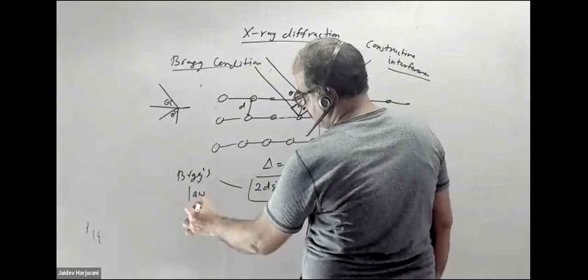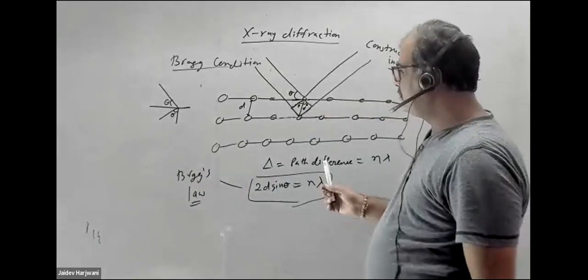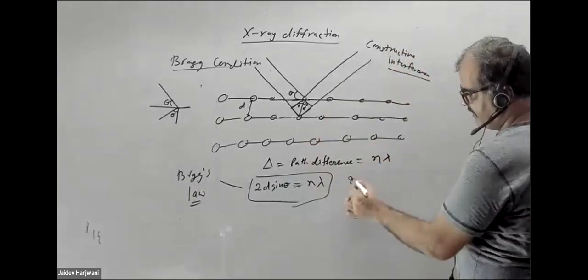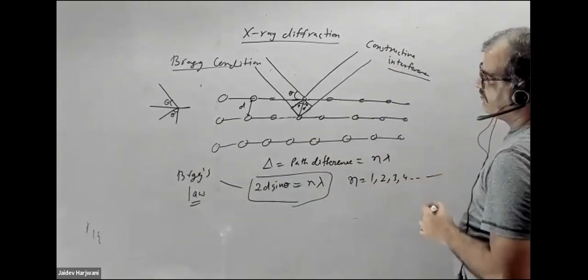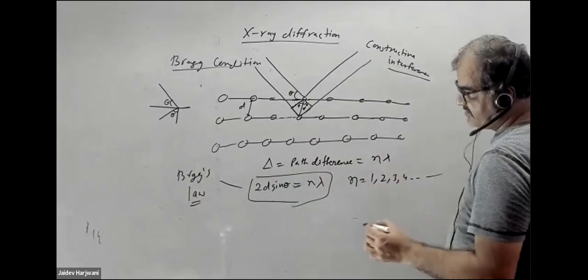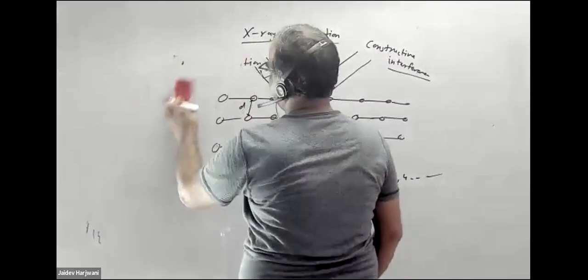Bragg's law. Now, in order for X-ray diffraction to take place, here n is an integer: 1, 2, 3, 4 are the values of n. For first order diffraction, I need n equal to 1.